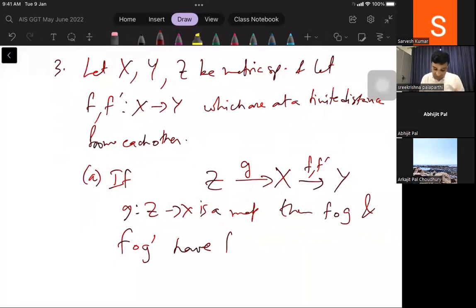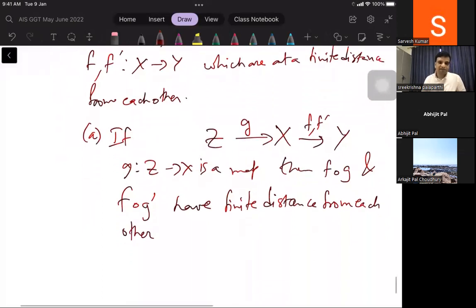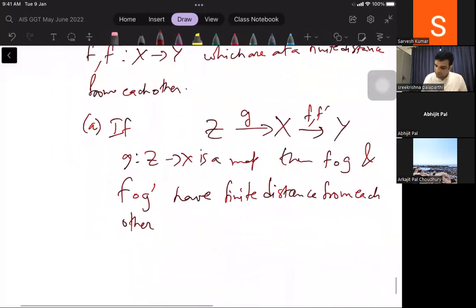So this finite distance behaves well under pre-composition. So this is A, and then B.